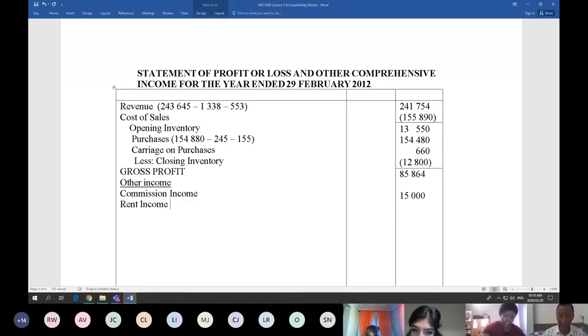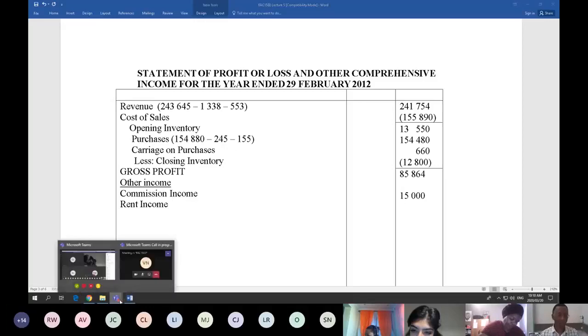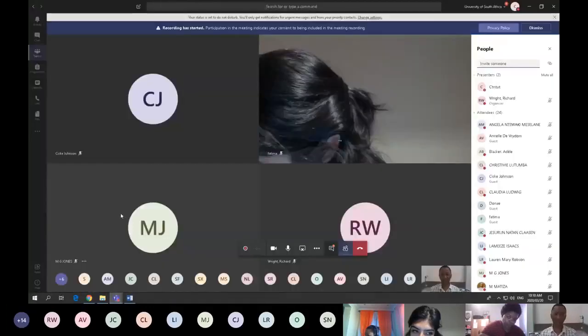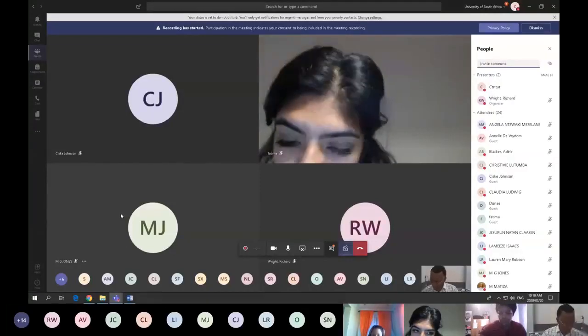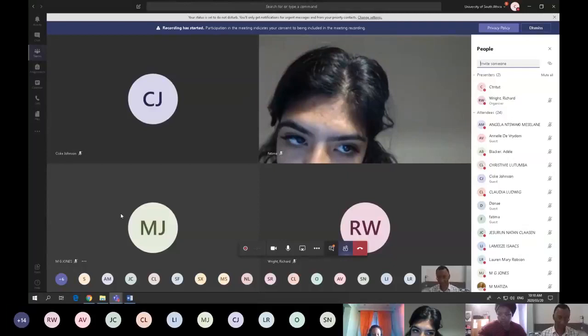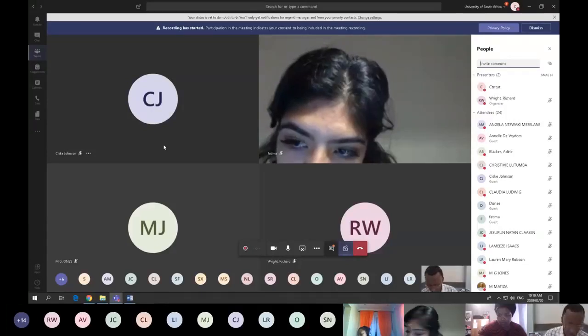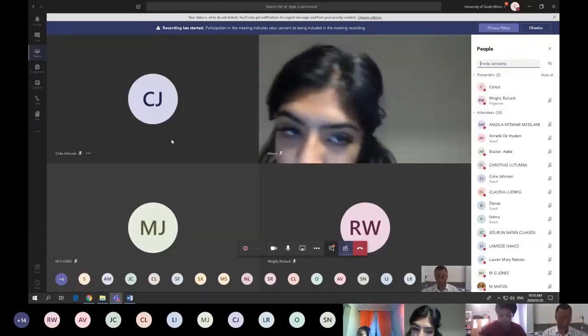Remember now, guys, we had an adjustment for rental income. We had an adjustment which was listed as adjustment D. And under adjustment D, your rental income of 3,300 Rand had to be adjusted.